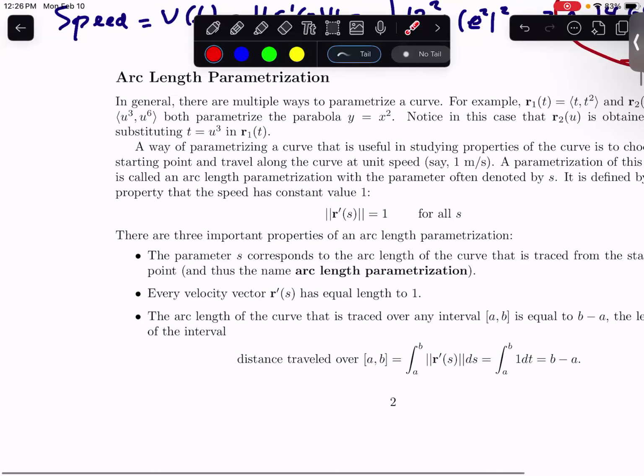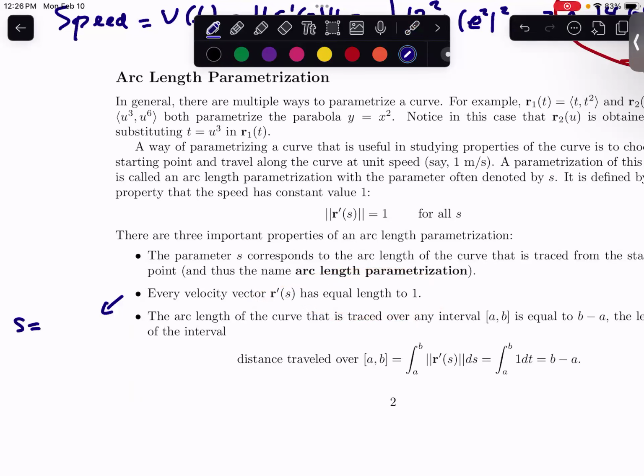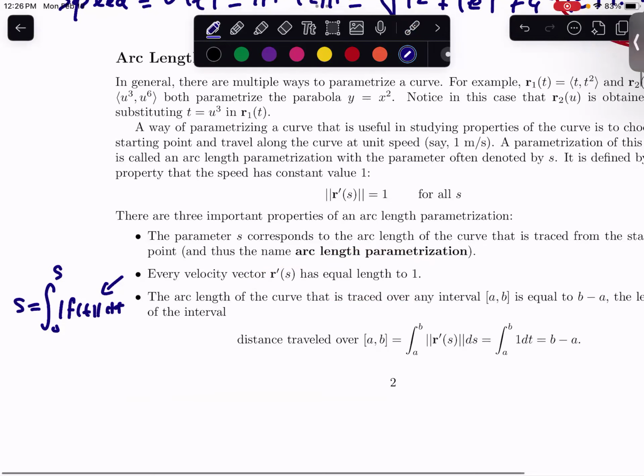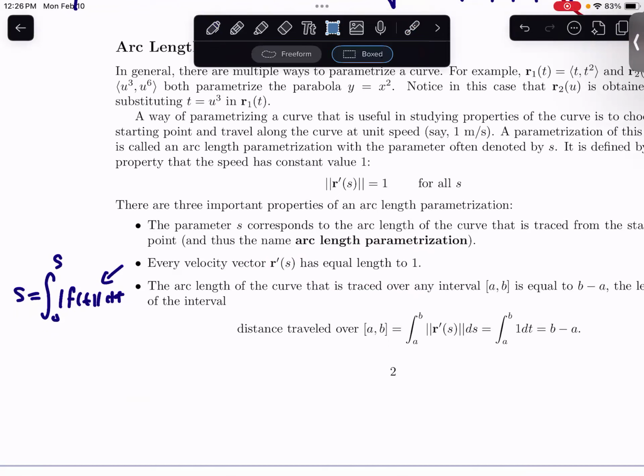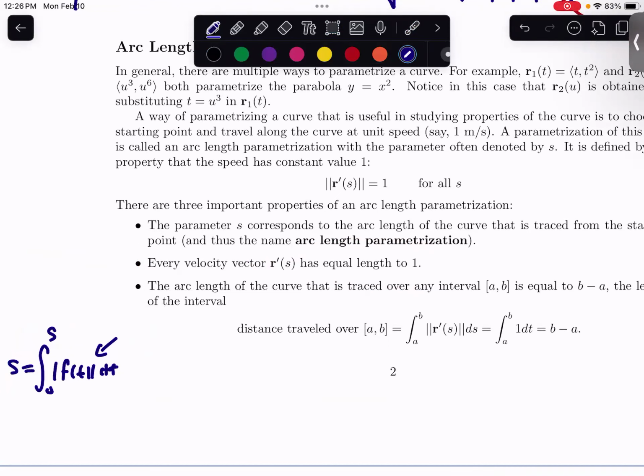As for the second property, you don't really need to know this, but here is the intuition for why, if we have an arc length parameterization, the magnitude ends up being equal to 1. If we have s equal to the integral from 0 to s of some function f of t dt, and you take the derivative of both sides with respect to s, this gives you that 1 is equal to f of s. Again, this is just for your understanding and it's not going to be super important later on.